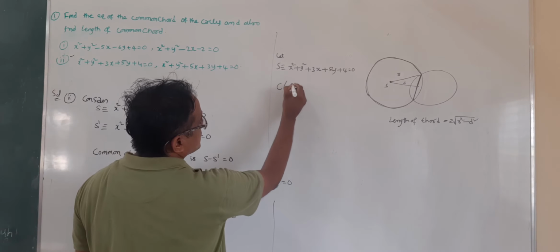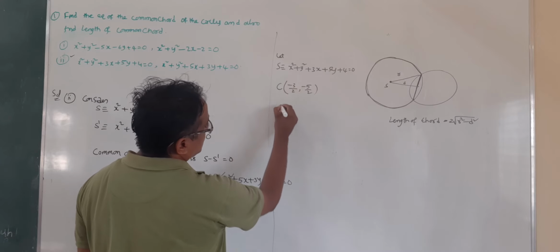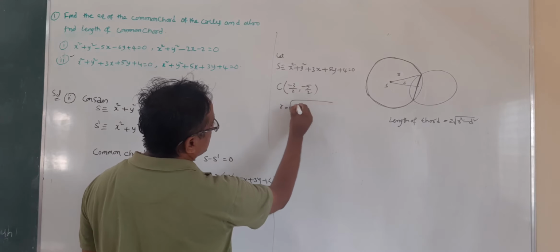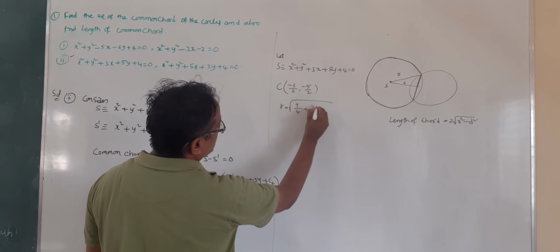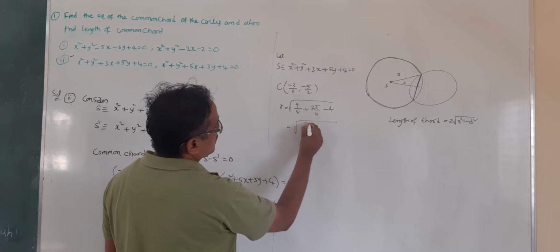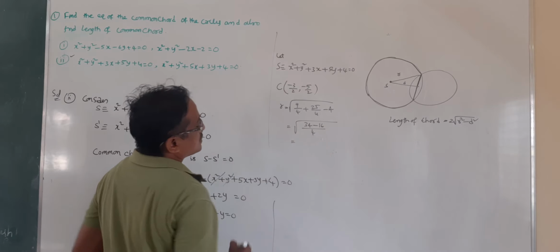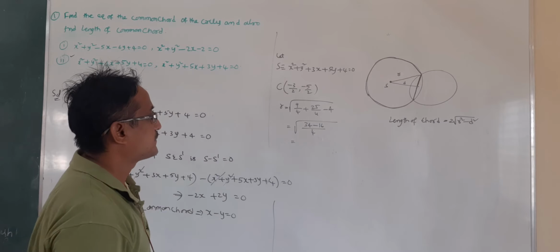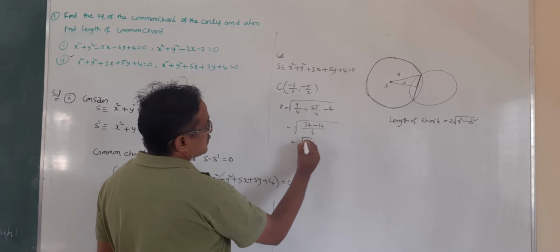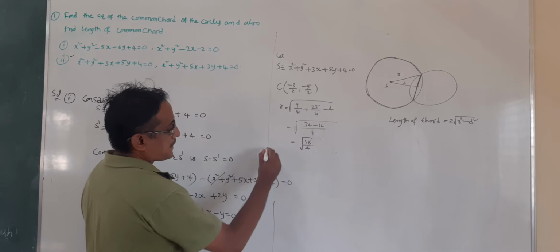So center C is minus 3 by 2 comma minus 5 by 2, and radius R is root of 9 by 4 plus 25 by 4 minus 4. So root of 34 minus 16 by 4. 34 minus 16, it is root of 18 by 4.